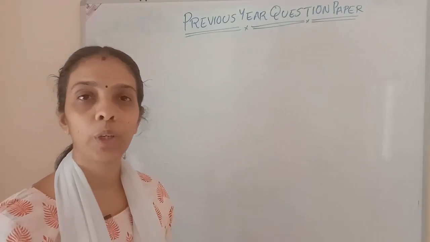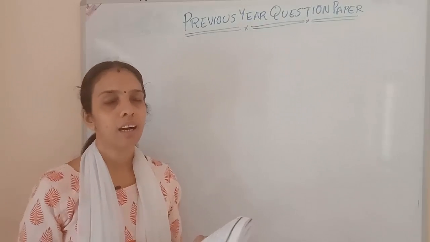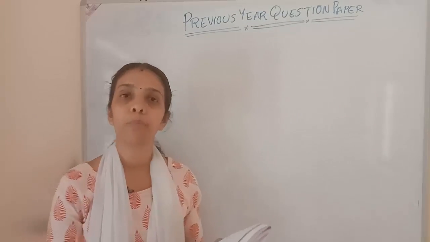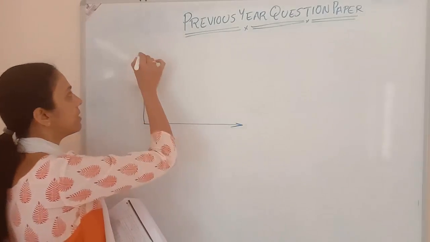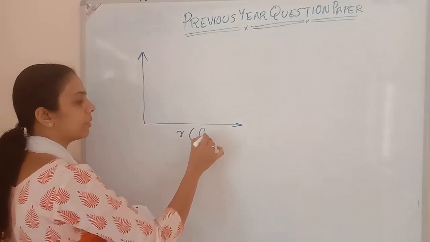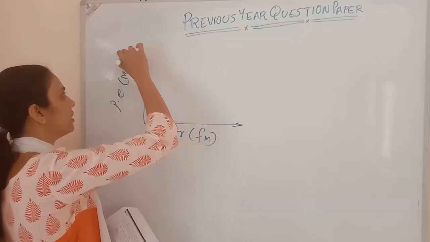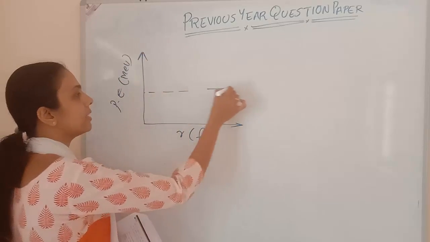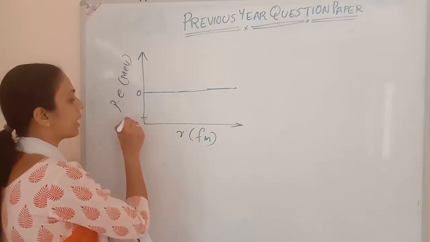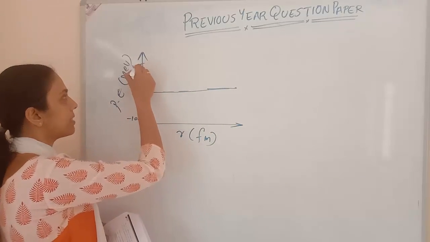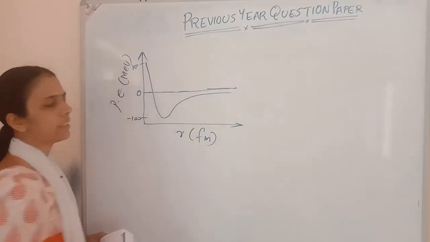A pair of nucleons, potential energy, and the distance between the pair of nucleons. What is that graph? See, this is the distance in Fermi, and this is potential energy in electron volt we are representing. Here we are giving it as 0, here it is minus 100, and this is plus 100. So it is decreasing, and after that remaining constant.